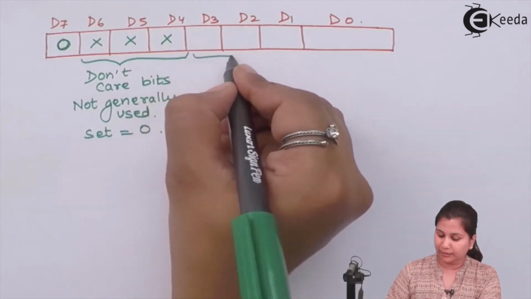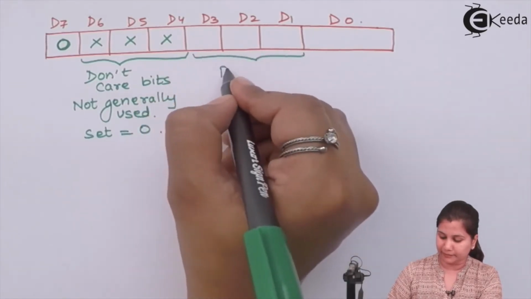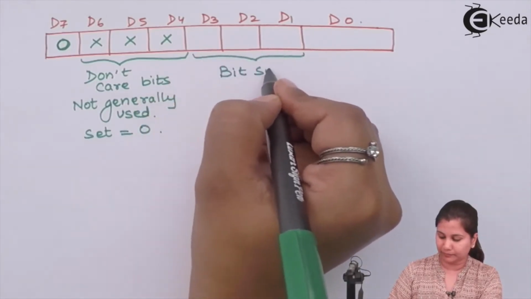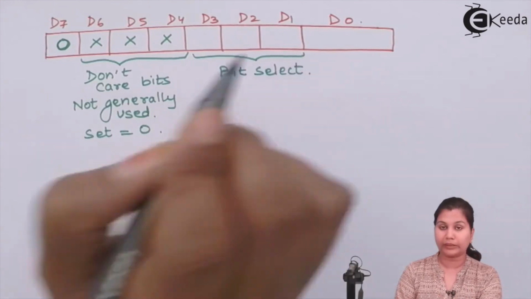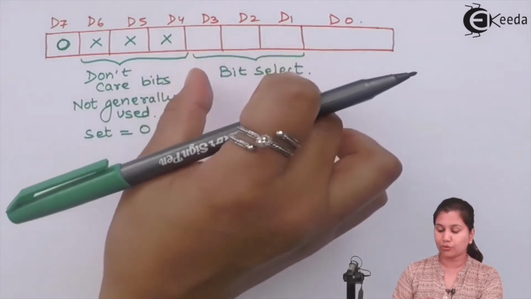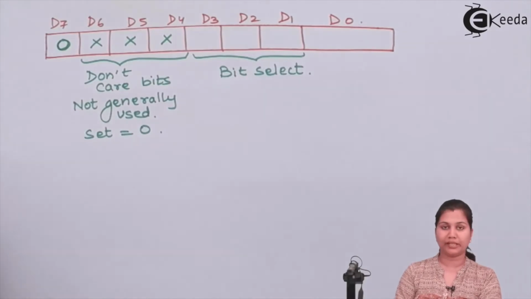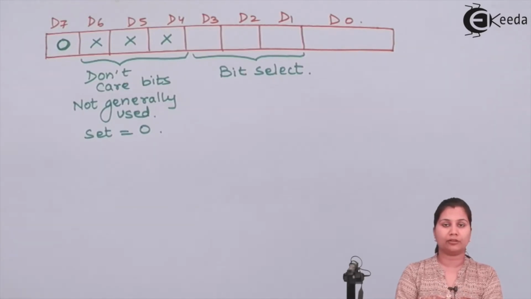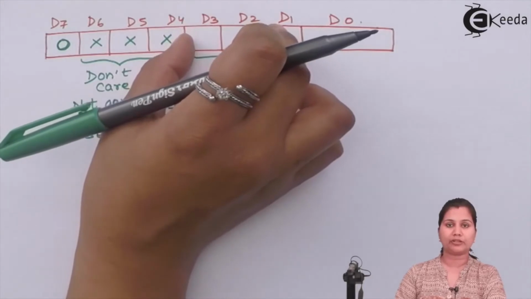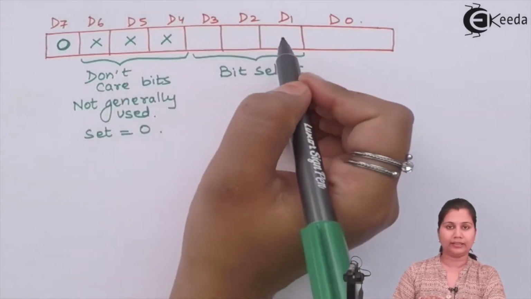Then come the D3, D2 and D1 bits. These bits are the bit select bits. As said, BSR mode is used to set or reset the bits of port C. So which bit is going to be set or reset is decided by the 3 bits D3, D2 and D1.